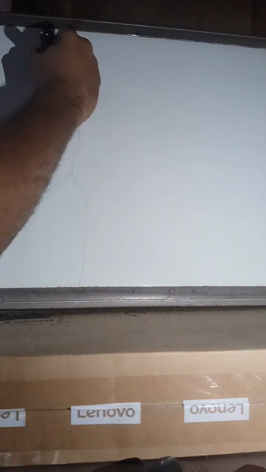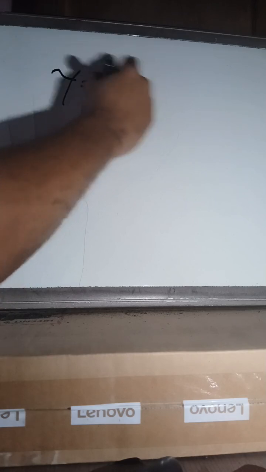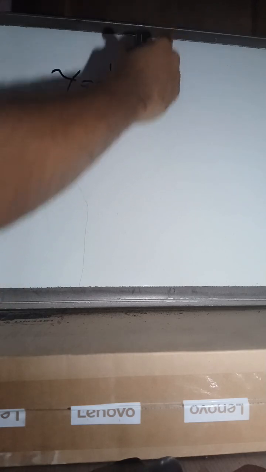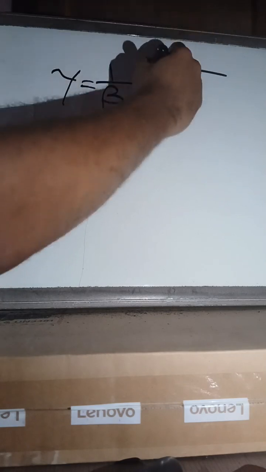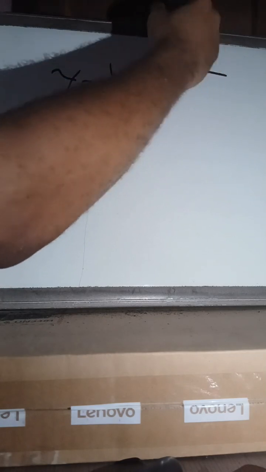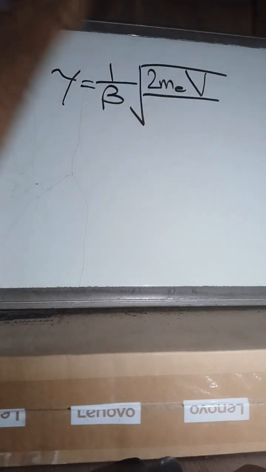Alright, so this is a strange looking Y. Strange looking B. And then what now?